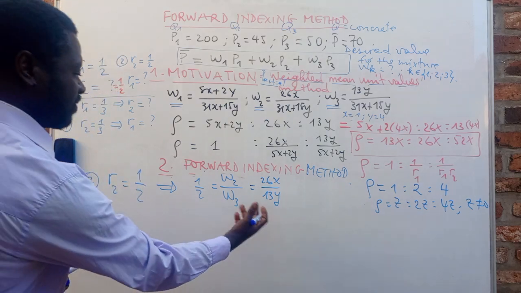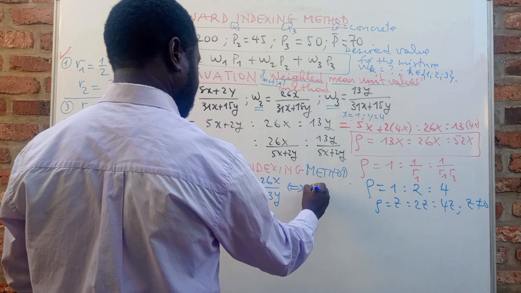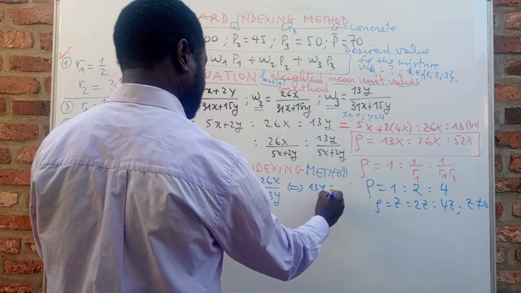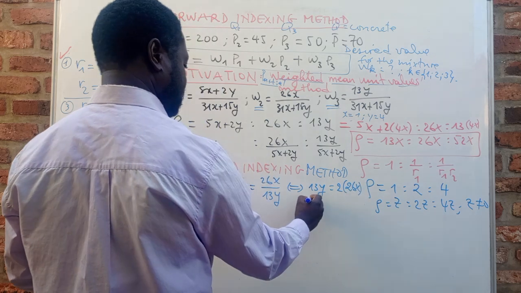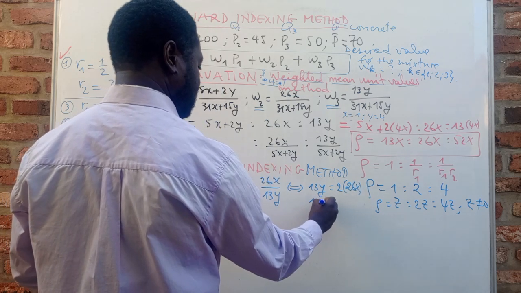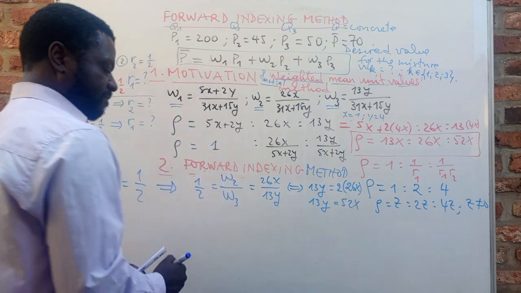Cross product, you get 13y equal to twice 26x. So now we have 13y is equal to 52x.